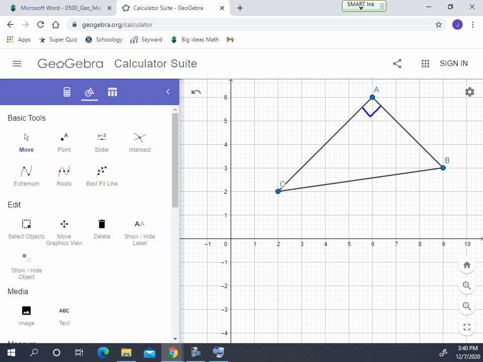We don't know yet. How do we know if it's a right angle? Well, what we have to know is that CA and BA, those lines have to be perpendicular. And what does it mean to be perpendicular?